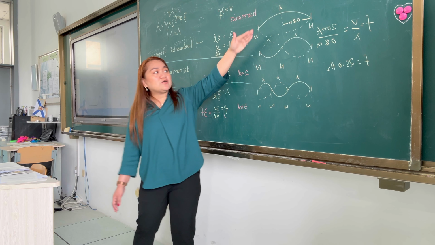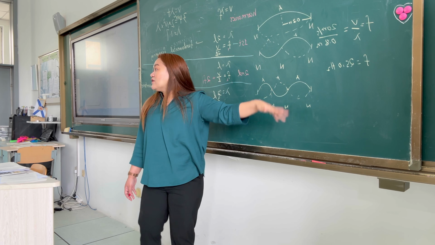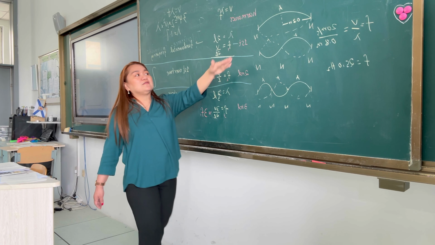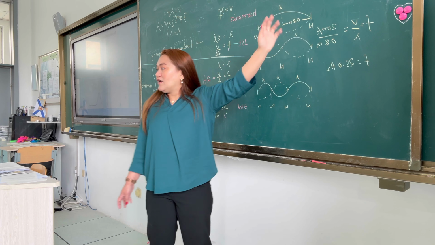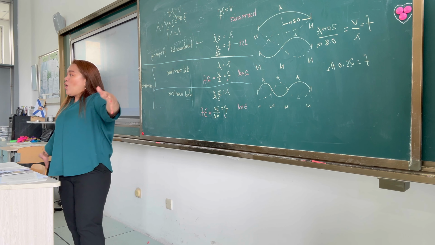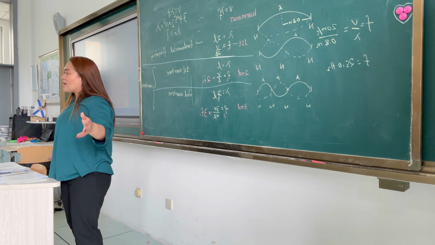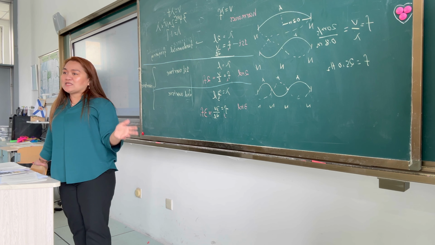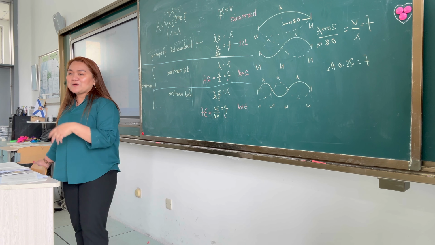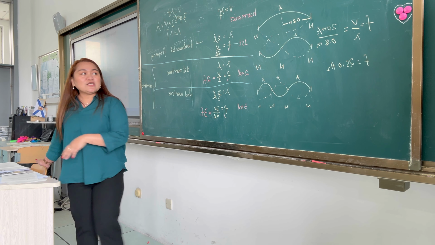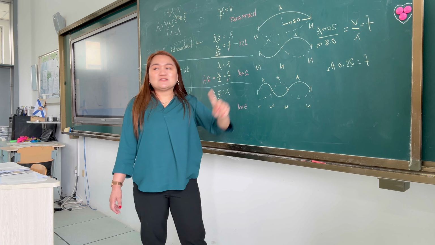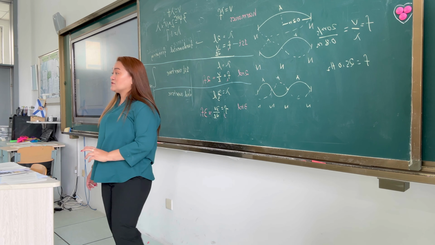I want you to understand this part so that you don't need to memorize all of this. If you understand this, you will understand, for example, if I ask you what is the wavelength or the frequency of the first overtone or the third harmonic. It should start with having one antinode, two antinodes, and three antinodes.